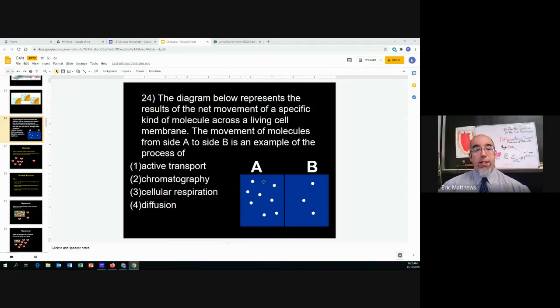It has 8 molecules. B has 1, 2, 3. A is high concentration because it has more. B is low concentration because it has less. And therefore, the molecules, if they move from A to B, will be diffusion. Movement from a high concentration to a low concentration. That downhill roll.